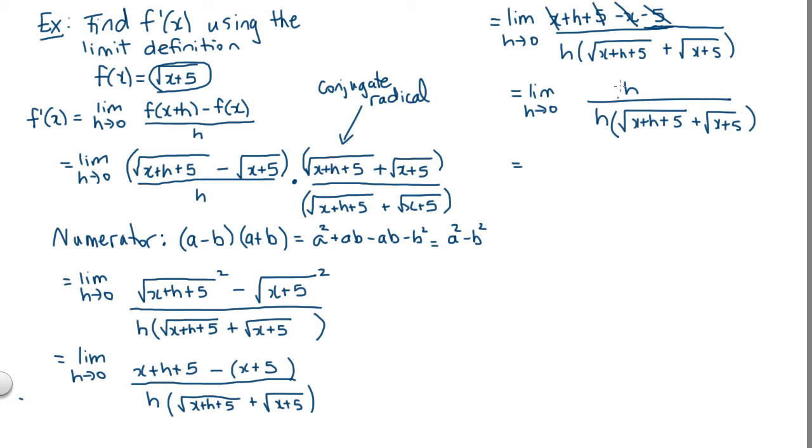All right, so now we've got factors of h in the numerator and the denominator. It may help you to think of that numerator as h times 1 for the purpose of canceling here. So we're going to cancel a factor of h from the top and the bottom. And that leaves us with the limit, as h goes to 0, of 1 over our conjugate radical.